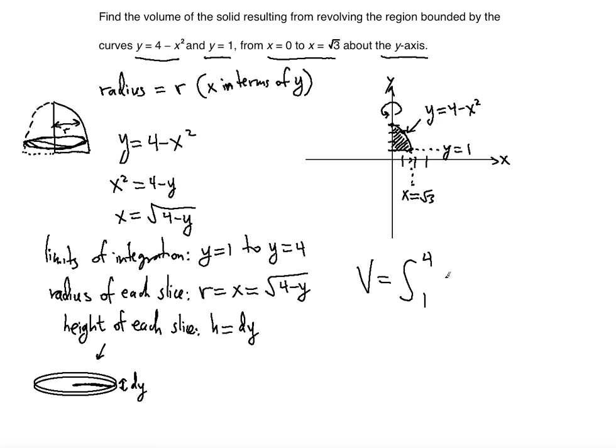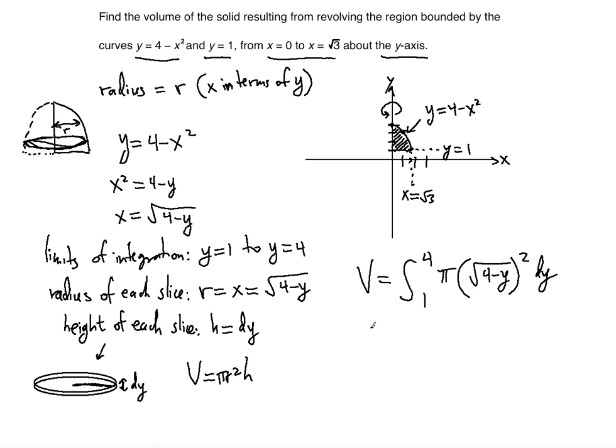We get pi, and r is equal to the square root of 4 minus y, and we're squaring that because the volume is pi r squared h, and then the dy, because that's the height.